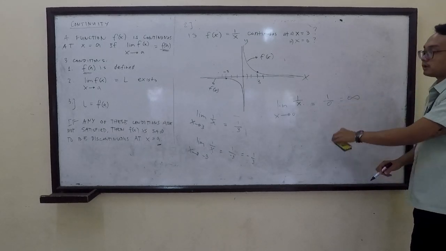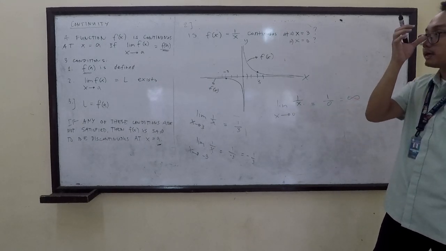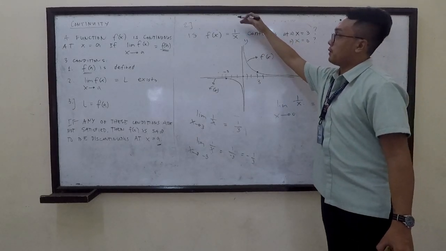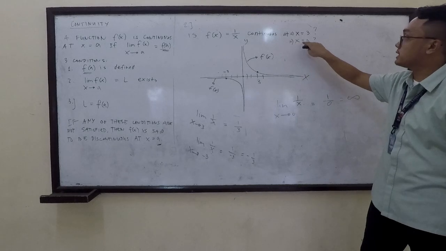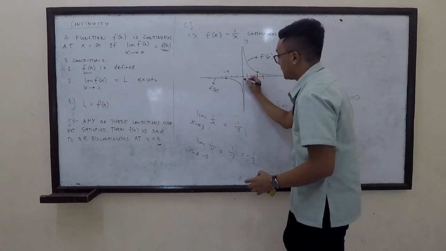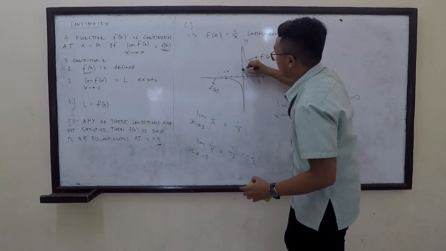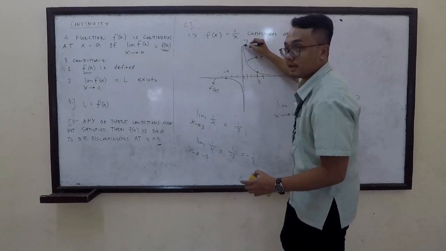Infinity is not defined, so therefore we can say that 1 over x is discontinuous at x equals 0. If you look at the graph, at the origin, the line does not hit it.